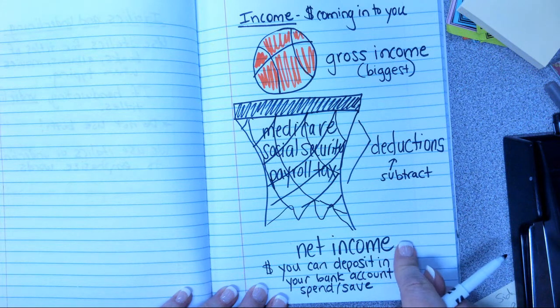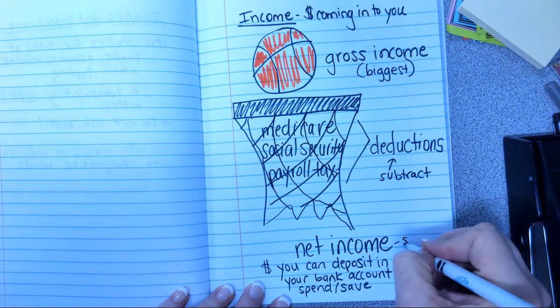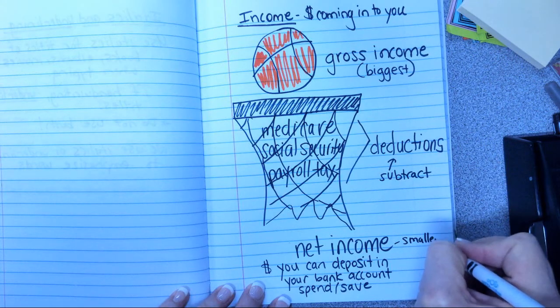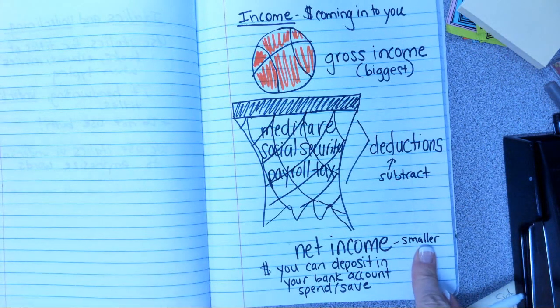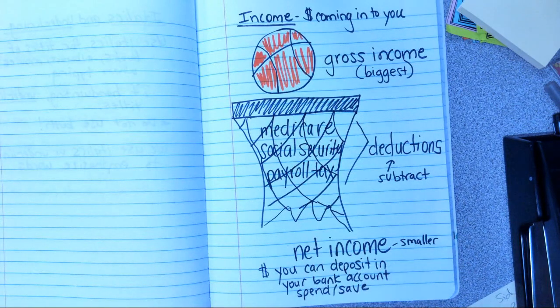So what is always the smaller amount of income? The net income is always the smaller amount. So gross is always bigger, net income is always smaller, because when that income falls through the net of deductions, money is taken away every time.